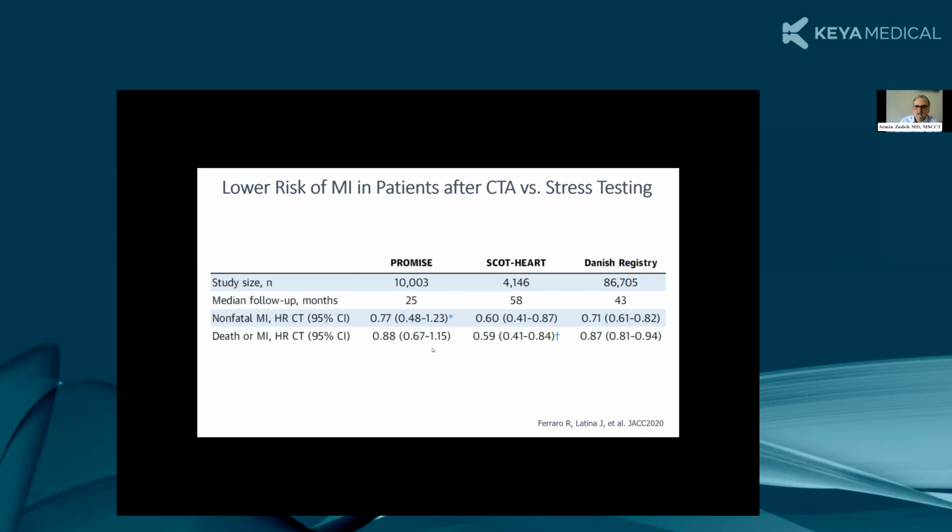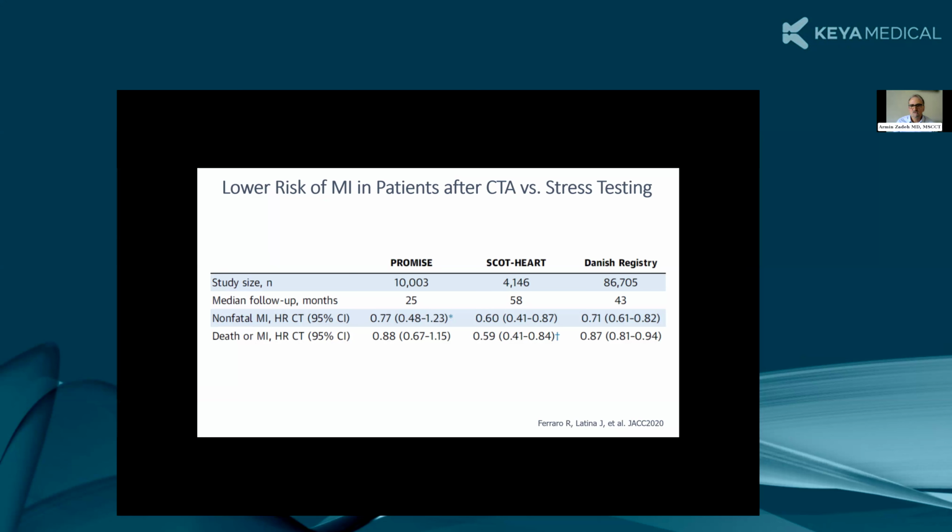The importance of that became very clear in these large studies comparing CT with stress testing. All of them showed that the risk of myocardial infarction or death was lower in patients assigned to a CT strategy versus a stress testing strategy.